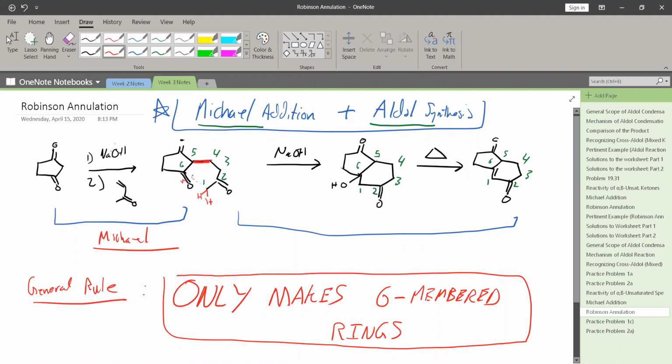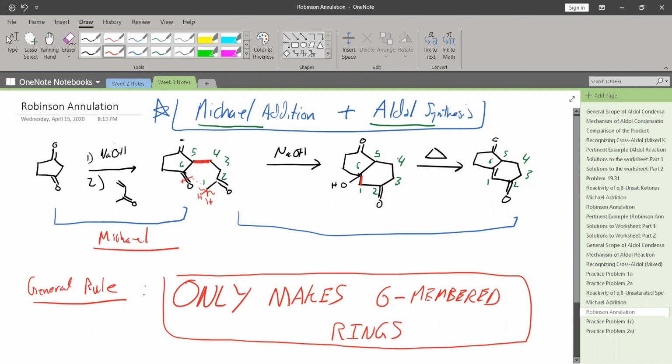That means we cut off these two H's and add a new bond right there. Your first step of the aldol is always making an OH. So we've made this new bond between 1 and 6 right over here. Now you see why I numbered it: we started at the alpha carbon, 1, 2, 3, 4, 5, 6, and that was where we originally had our C double bond O.